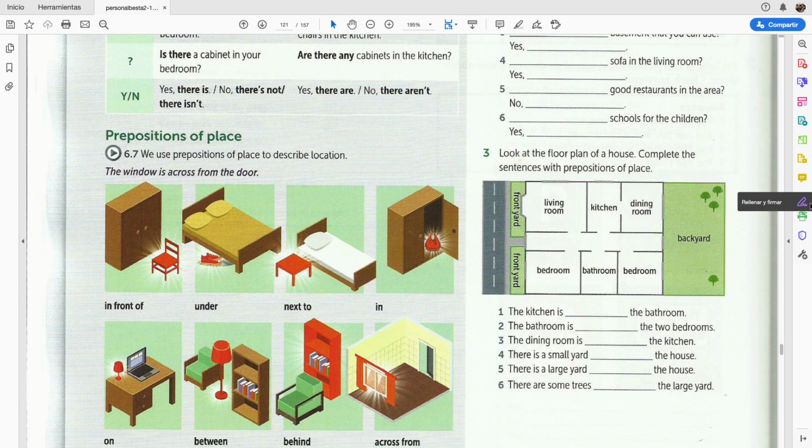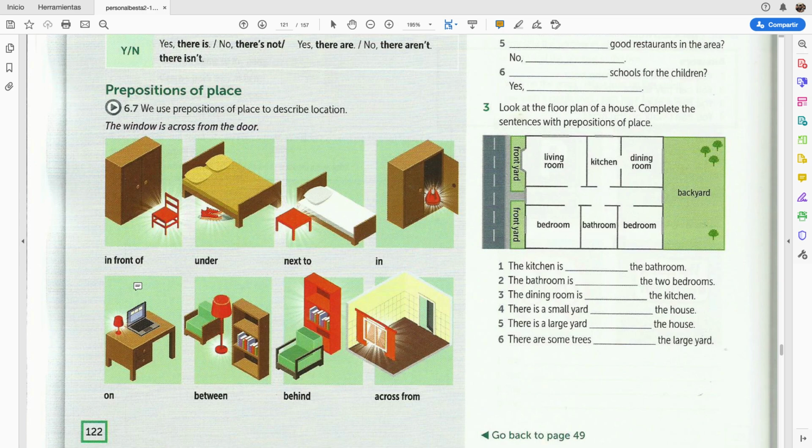Look at the floor map of the house. Complete the sentences with the prepositions of place. Wow. And we have all these prepositions of place, like in front of. The chair is in front of the closet. The shoes are under the bed. The table is next to the bed.